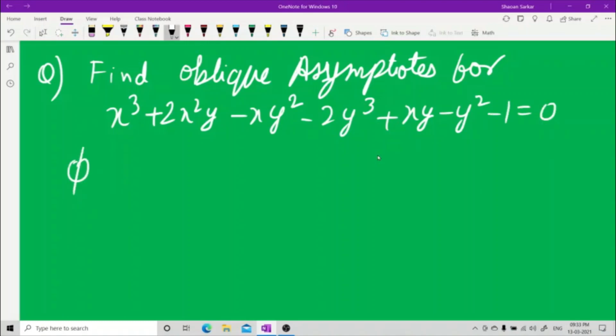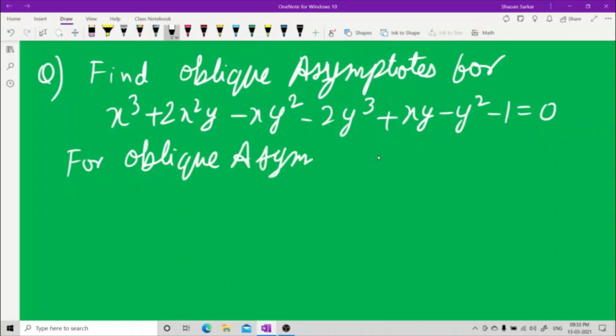Straight away phi 3m, put x equal to 1 and y equal to m.